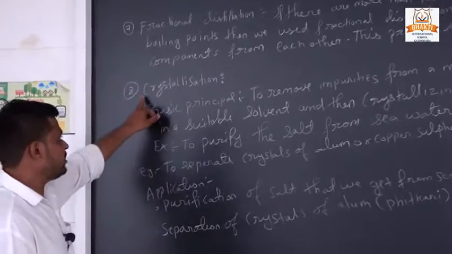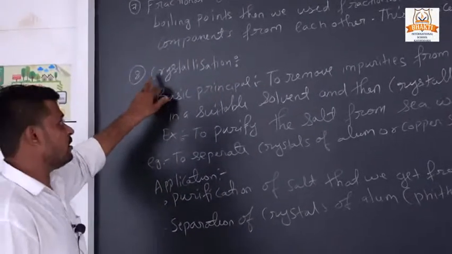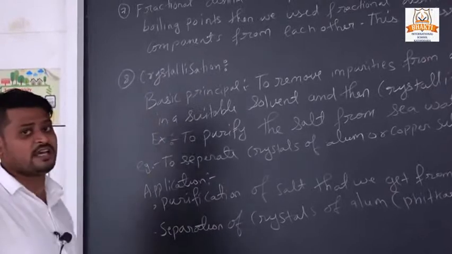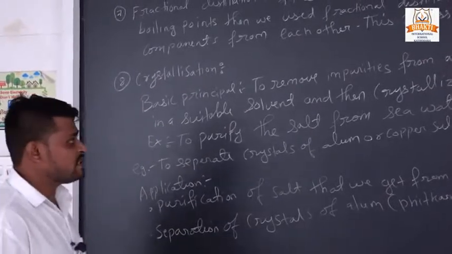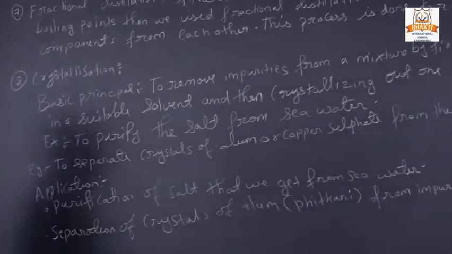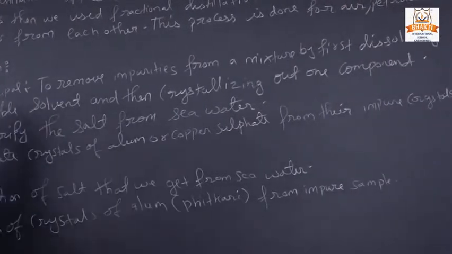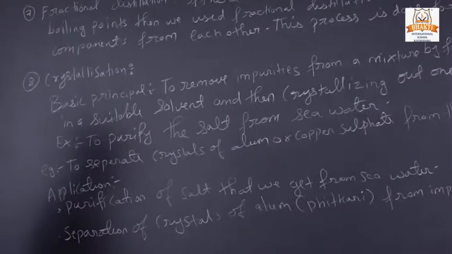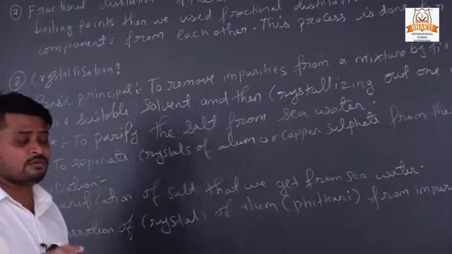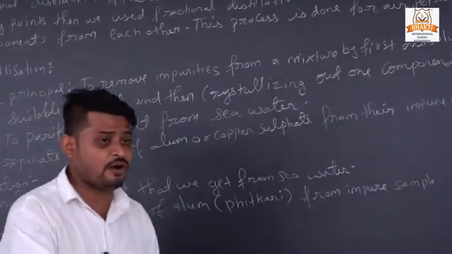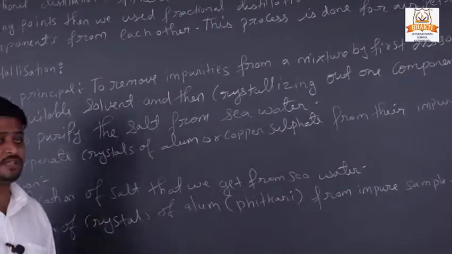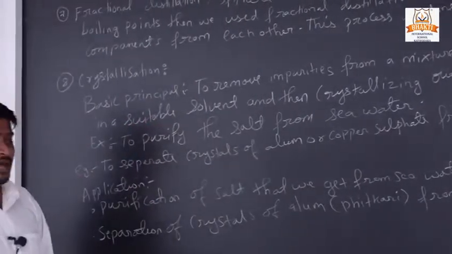Our eighth and last method of separation is crystallization. The basic principle of crystallization is to remove impurities from a mixture by first dissolving it in a solvent. It means we separate impurities from the substance using the crystallization method.